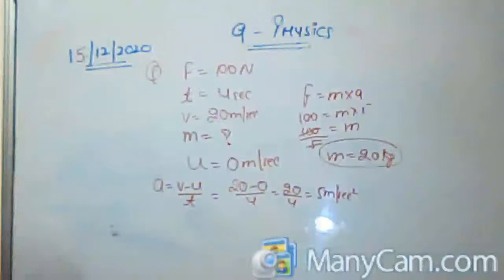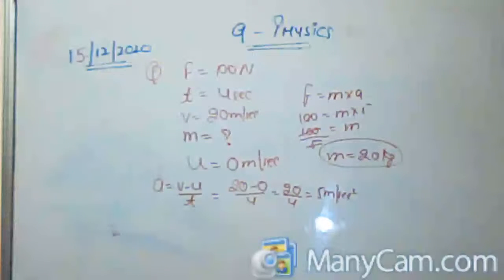Please write down. A body of mass 2 kilogram is kept at rest. A constant force of 6 Newton starts acting on it.